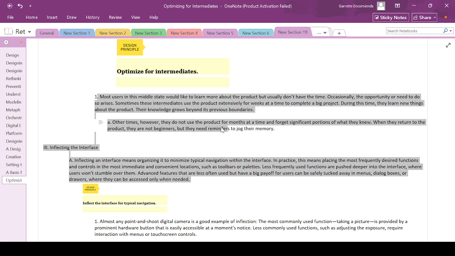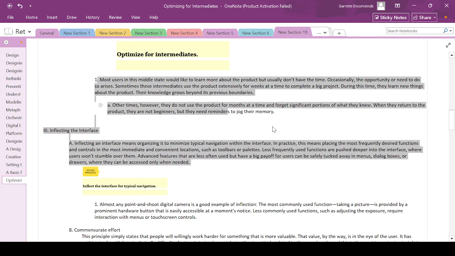So that's the psychology of skill building. Sometimes, if you now need the product and then use it, you actually learn new things about it, because you don't want to stay where you are for long. No one wants to be stagnant. We always move. Their knowledge grows beyond its previous boundaries, kind of like reading increasingly complex books. It pushes you.